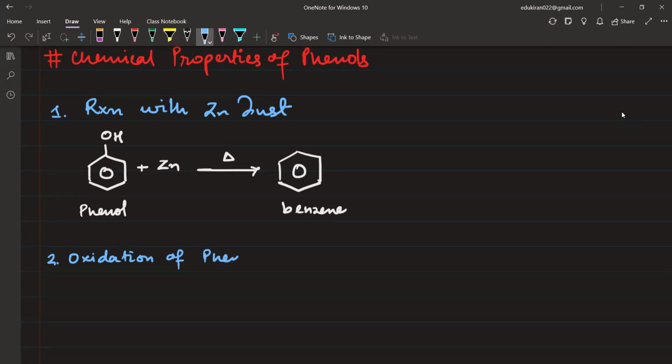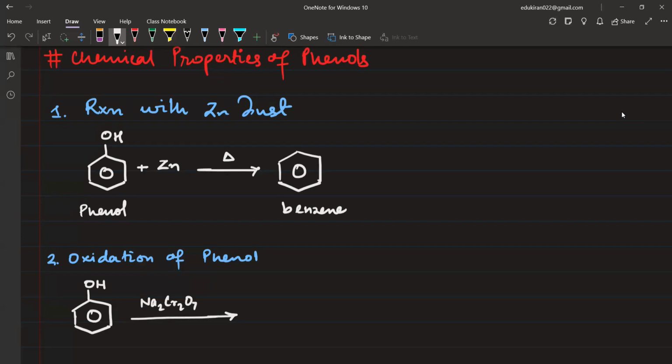The next one. Oxidation of phenol. OH in the presence of Na2Cr2O7 or any strong oxidizing agent.